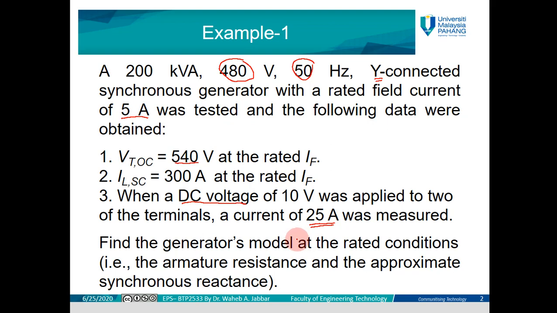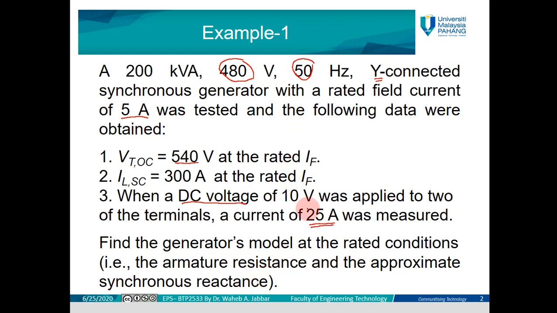The question here: find the generator model. You want to draw the equivalent circuit of the generator and highlight the value of the parameters, like the armature resistance, the armature voltage or internal voltage of the generator, and also the value of the synchronous reactance. Here he said the armature resistance and the approximate synchronous reactance, meaning XS.